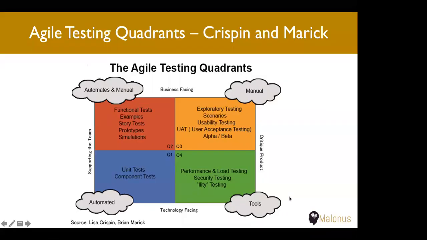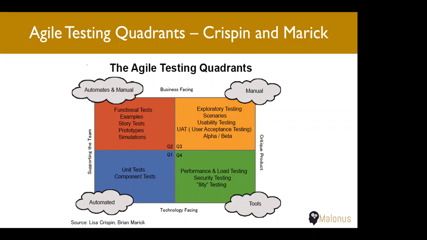On the lower side, you have completely automated testing, which is around unit testing and component tests. As you move up on the left hand side, you find there is a focus around automated and manual testing. The y-axis is towards supporting the team, and the x-axis is towards technology facing.